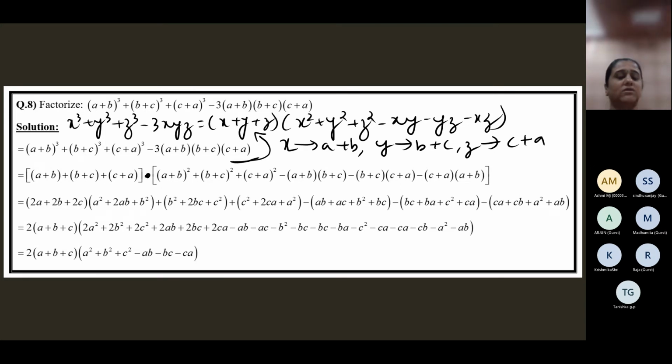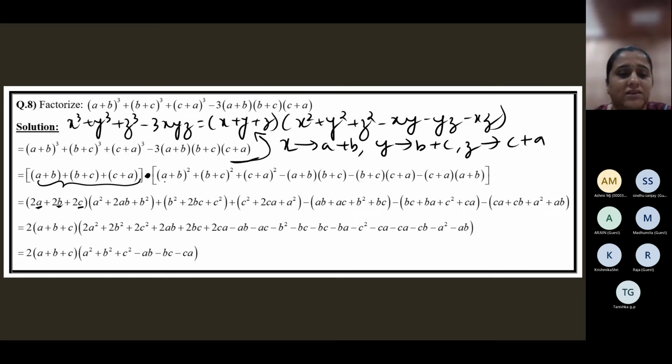Now, when you simplify this bracket, a plus b plus b plus c plus c plus a, you will get a plus a is 2a, b plus b is 2b, and c plus c is 2c.